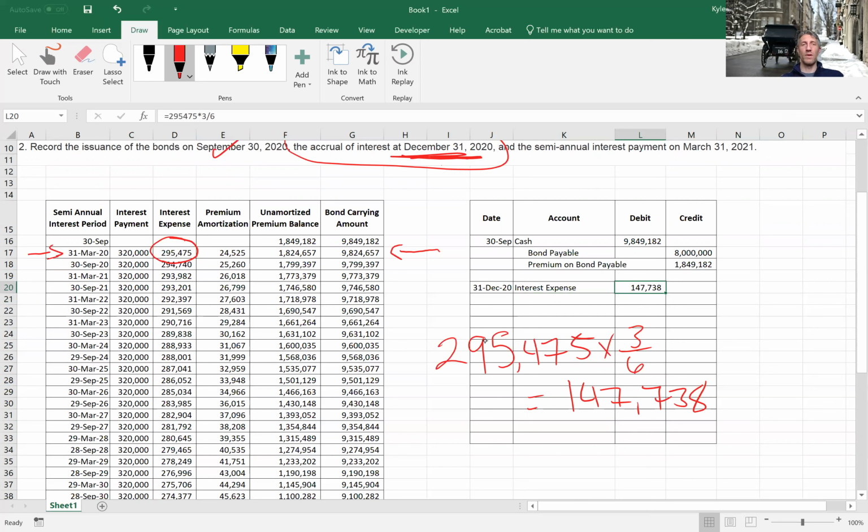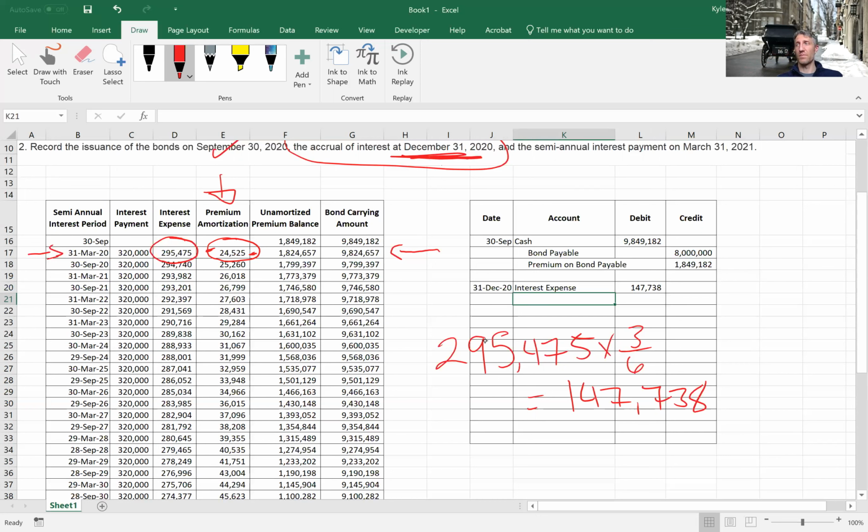But whenever we amortize the premium, we're also doing journal entries for it. And the amount of the journal entry is this premium amortization amount. So this amount that's been amortized here, and remember I was doing this in T accounts, what I did in T accounts would be the full 6 months worth. What we need to do is prorate the 24,000 to be 3 of that 6 months.